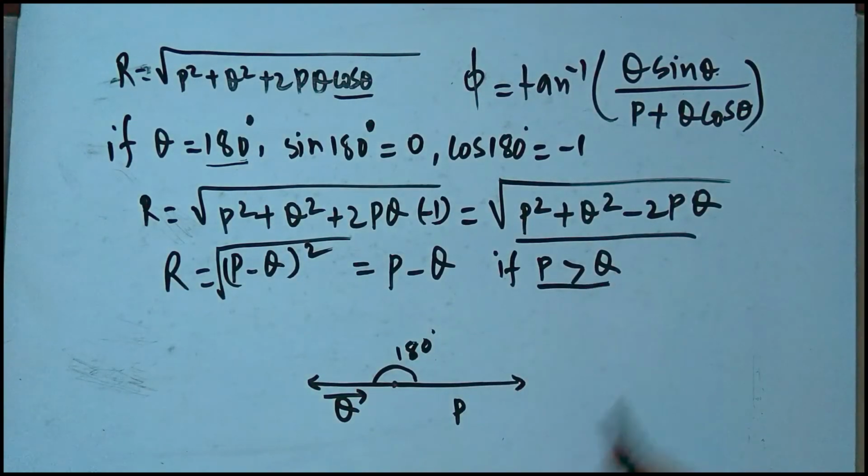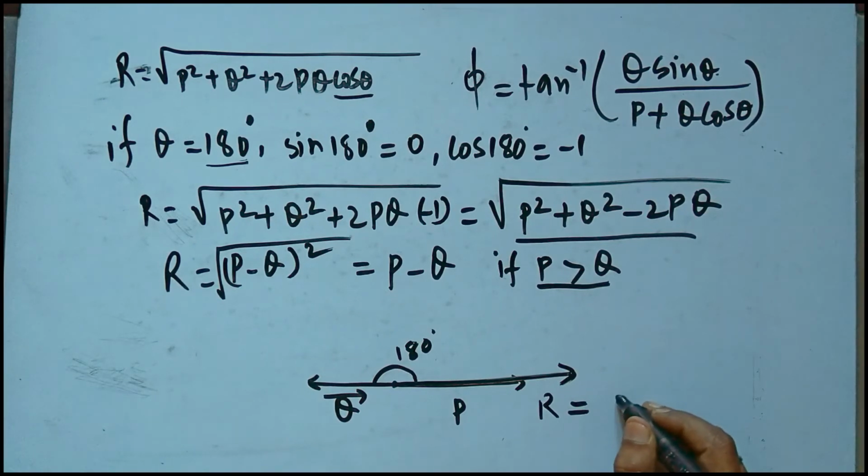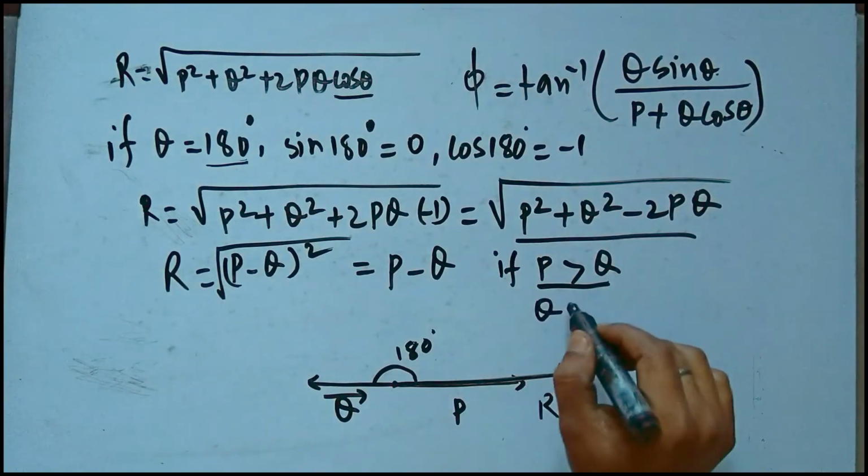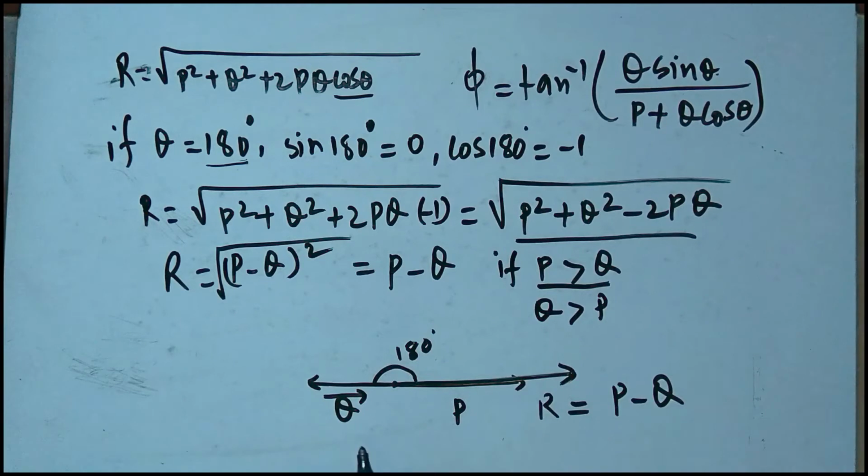If P is greater than Q, the resultant will be in this direction, where resultant magnitude will be the arithmetic difference P minus Q, where P and Q are the magnitudes of vector P and Q. If Q was greater than P, then the resultant will be in this direction, whereas the resultant magnitude will be equal to Q minus P.